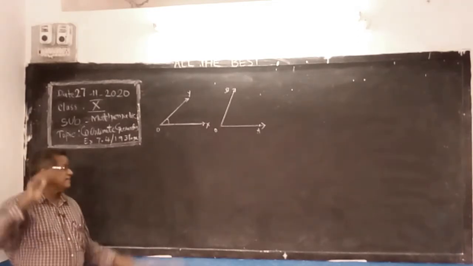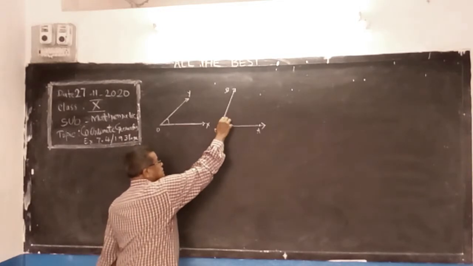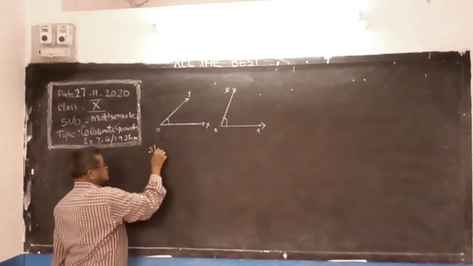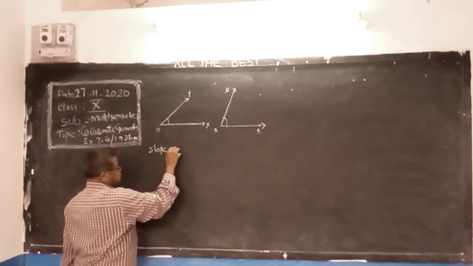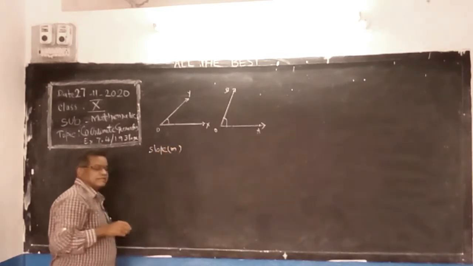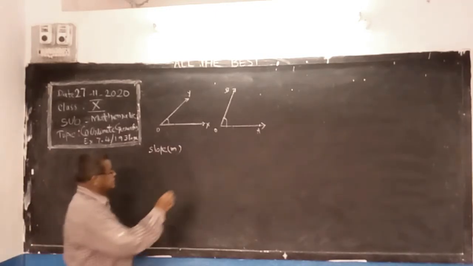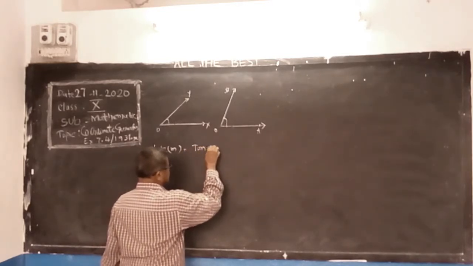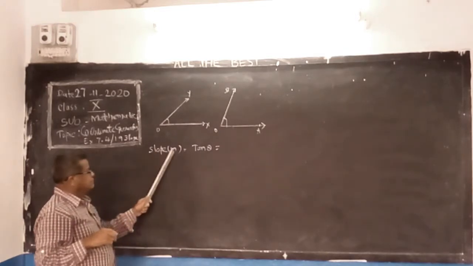It has some angle, that is called slope. In this exercise, we are going to find slope. Slope symbol is m. It is defined by tan theta. Trigonometrical ratio, I will explain later. Tan theta symbol is m.